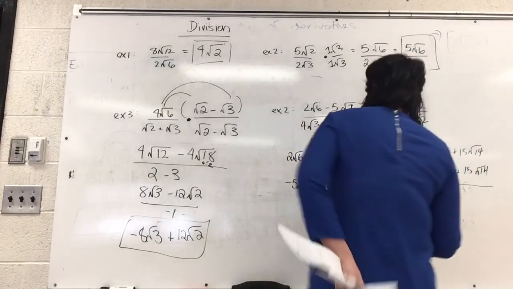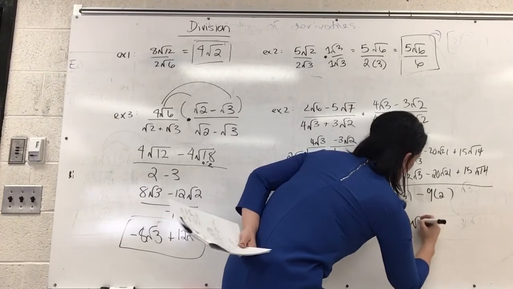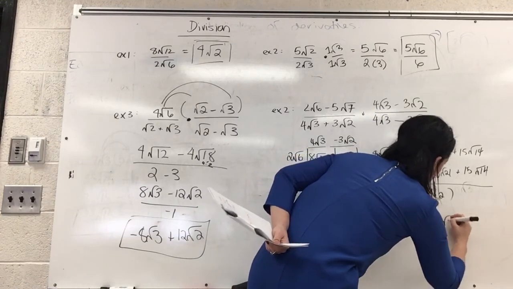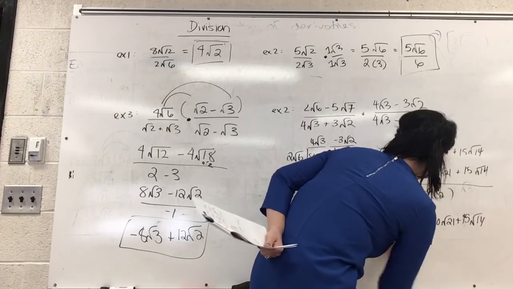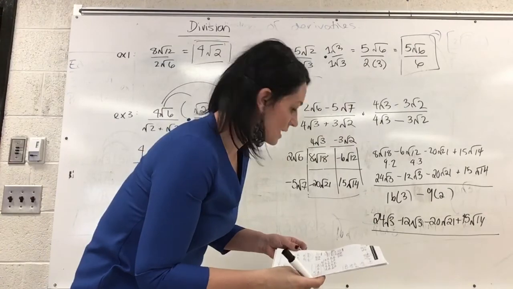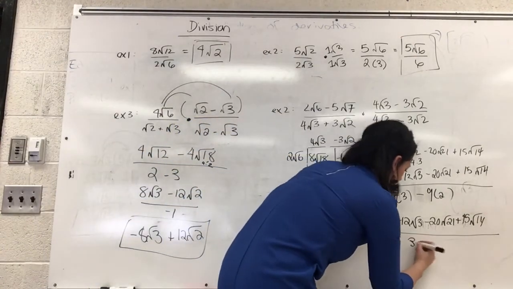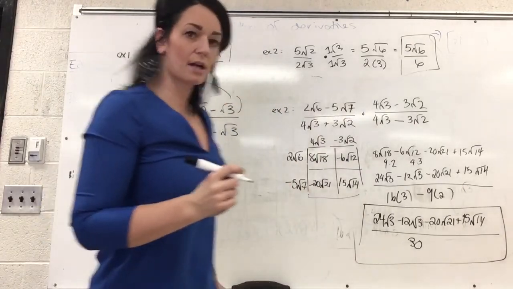And then I'm going to go ahead and simplify the denominator there. I'm just rewriting the numerator. Okay, so 16 times 3 minus 9 times 2 is going to work out to be 30. So there you go. Division of radicals.